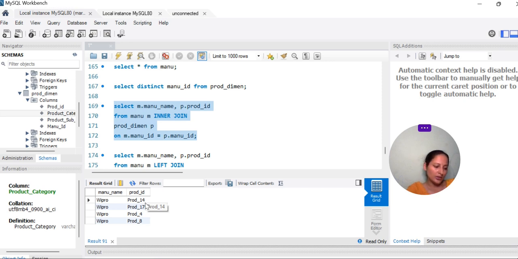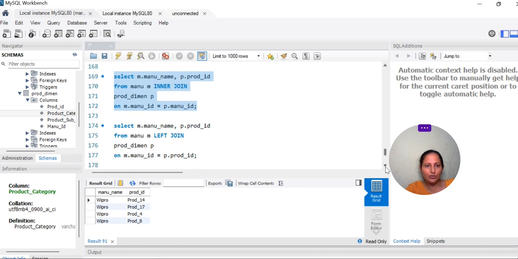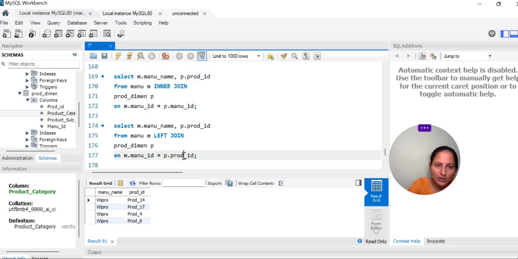So if I want all the information for whichever manufacturer, whether he is producing anything or not, then what we need to do is a left join on manufacturer ID. If we do a left join on manufacturer ID, it will show all the information from the left hand side and matching information from the right hand table.